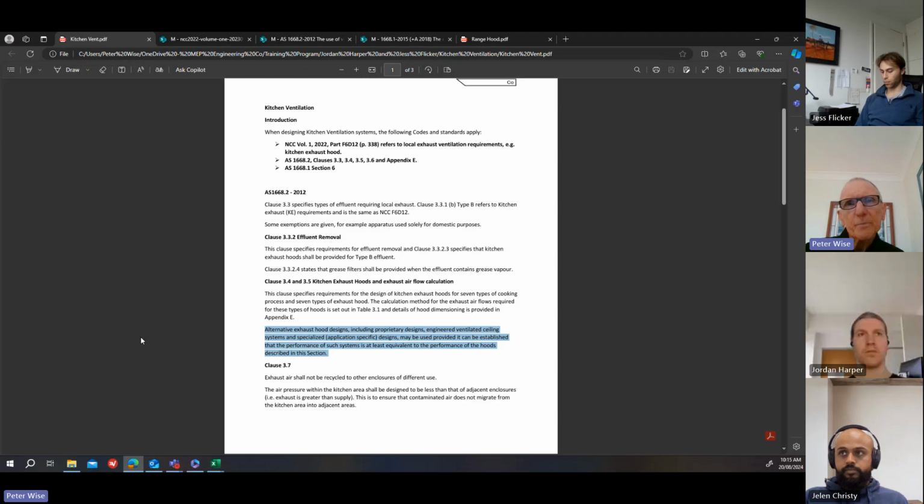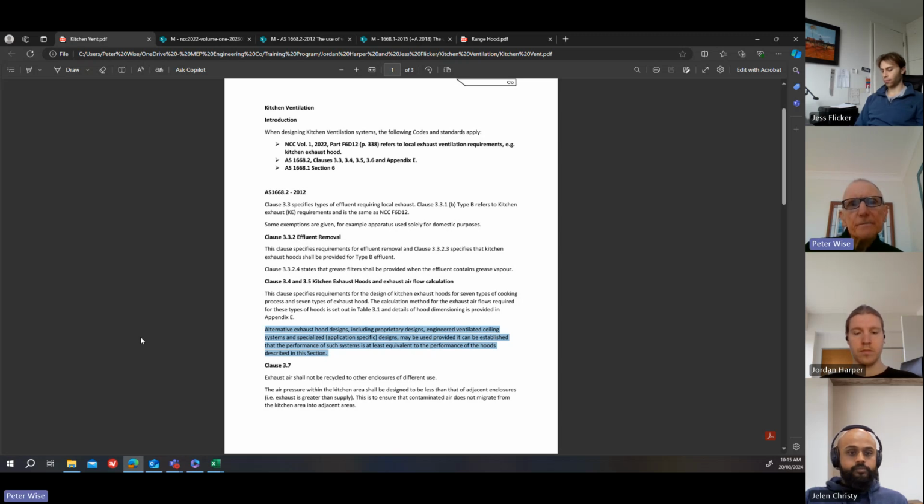It would be on a very big project, a high quality hotel or something like that. These alternative designs have some benefits. They're very expensive, but quite often an architect or kitchen designer may want this type of thing over the kitchen equipment.